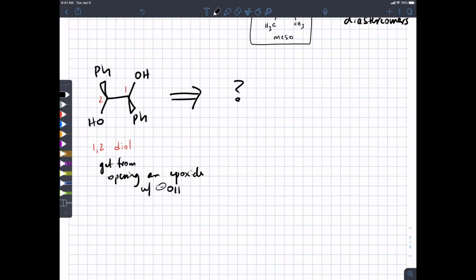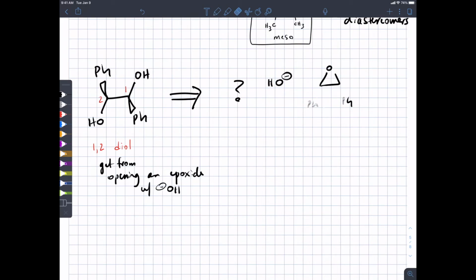But then, fine, if you're going to do that, what is your epoxide going to look like? What is its stereochemistry going to be? Which way should the phenyl groups be in relation to each other? Can you figure it out?